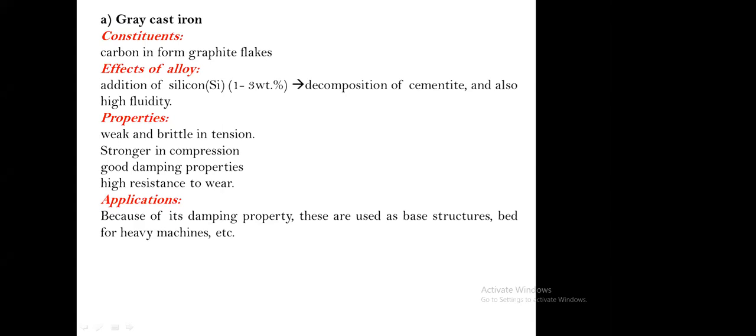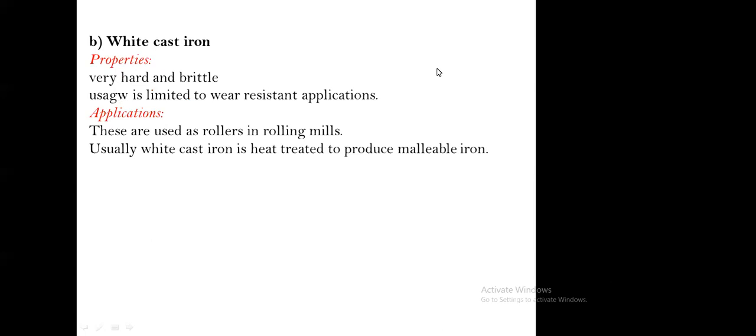Now coming to the white cast iron. In white cast iron, the silicon content is so low, and when I say low, it means less than 1%. As the silicon content is low, combined with a faster cooling rate, there is no time left for cementite to get decomposed, and thus it retains brittle cementite.